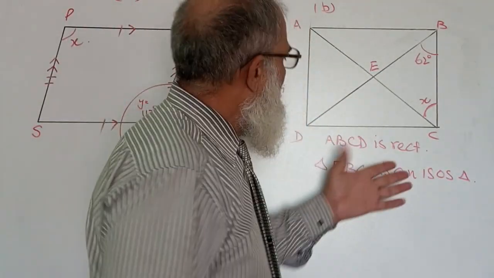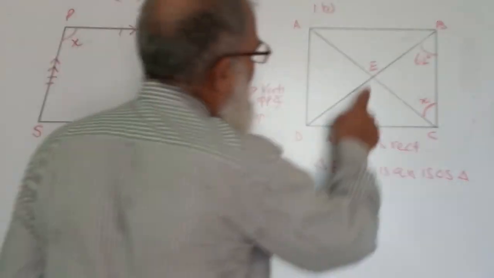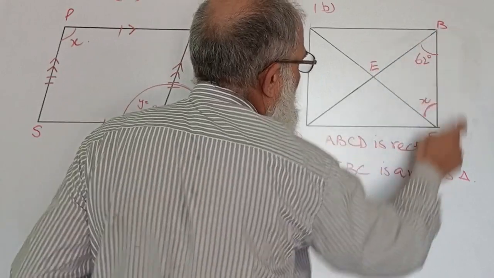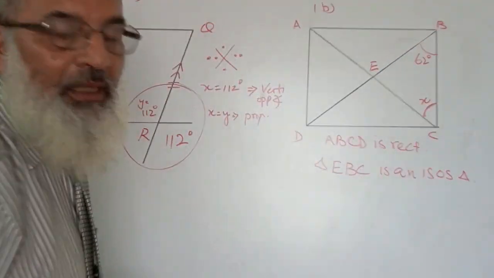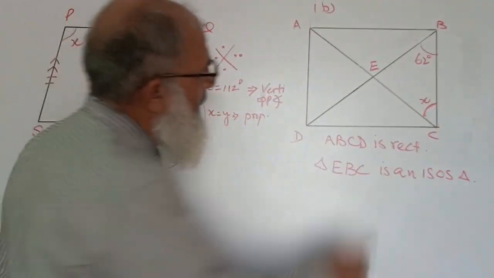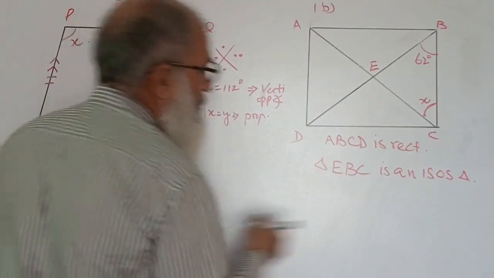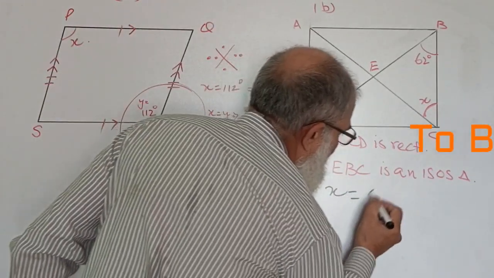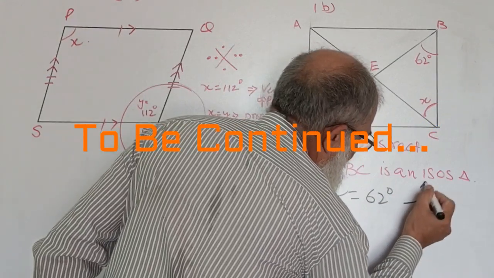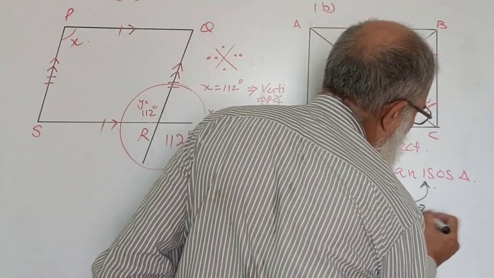We are using the properties of a rectangle. So if EBC is an isosceles triangle, then these are the base angles. The base angles are always equal. So x is equal to 62 degree due to this reason: base angles.